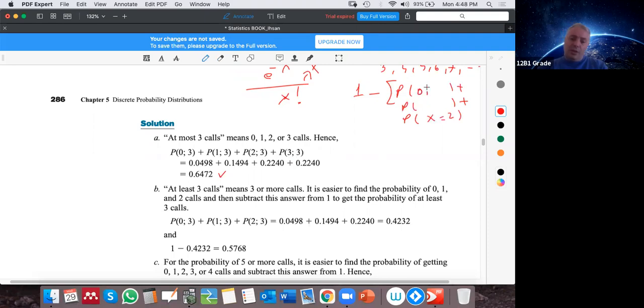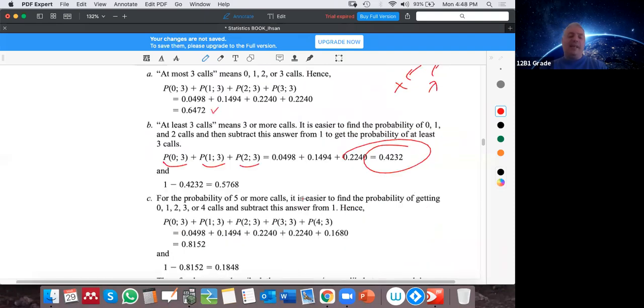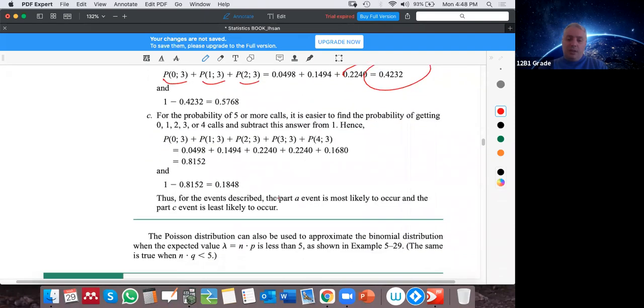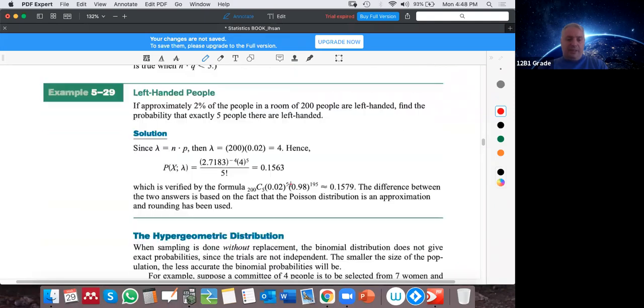So 0, 3, 1, 3, and 2, 3, semicolon. That's it. So this is the x, this is the lambda. So it's here, 0, 3, 1, 3, 2, 3. So the result is this one. When I subtract it from 1, I will get exactly what I want. Okay, similarly, I can continue.